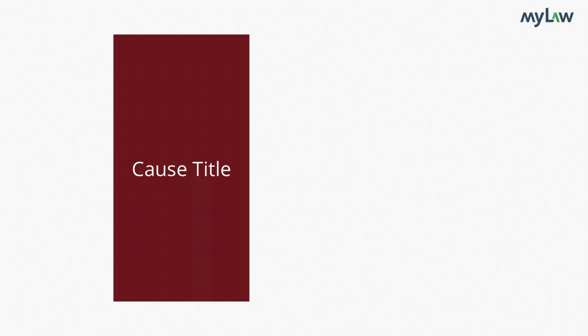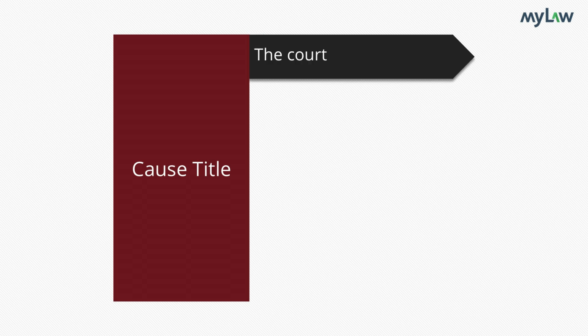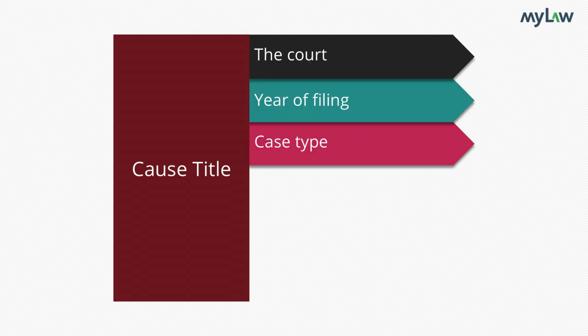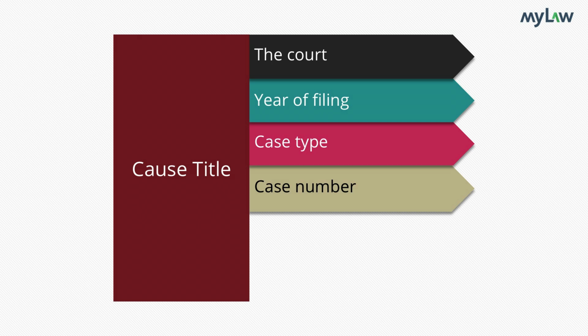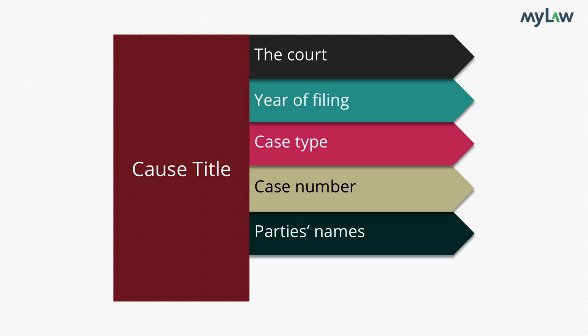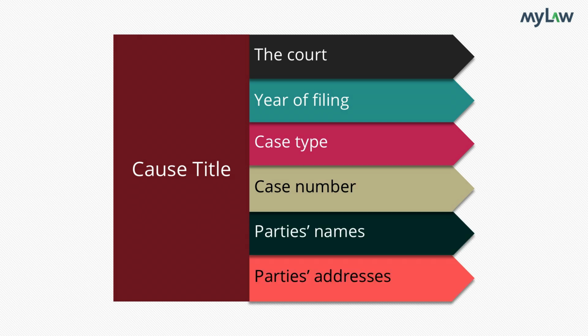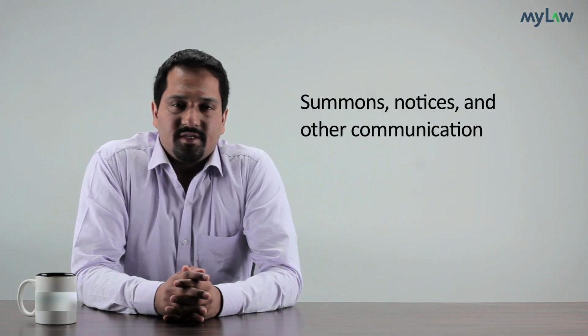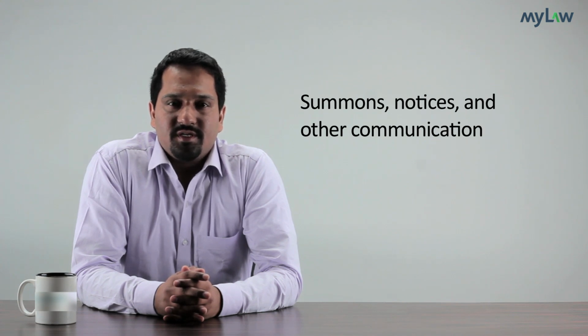The cause title sets out important details including the court before whom the case is filed, the year of filing, the type of case, the case number, the parties' names, and their addresses. The cause title is an important component of the plaint document. The parties' names and addresses as set out in the cause title are used by the court to issue notices, summons, and for other court processes.